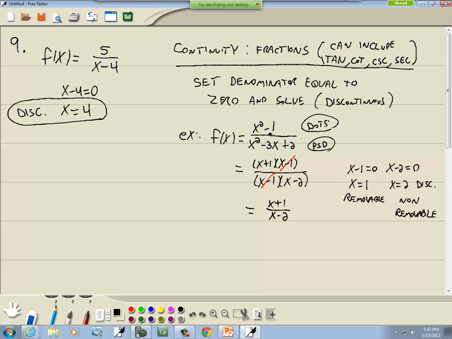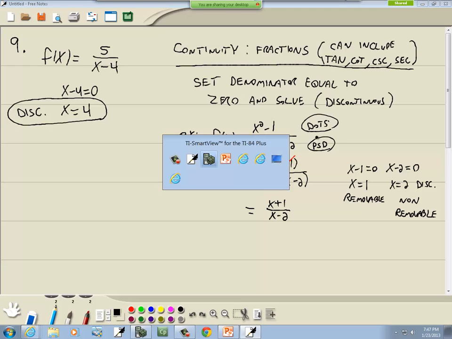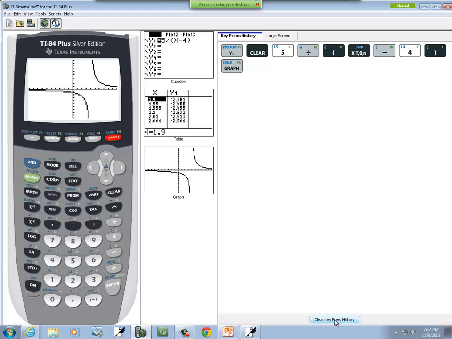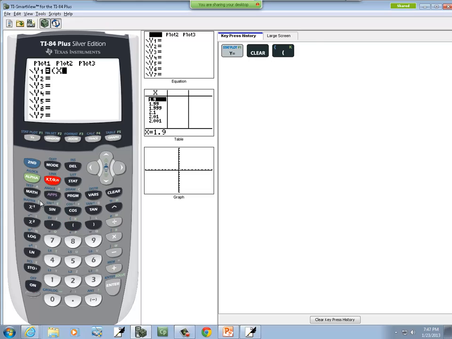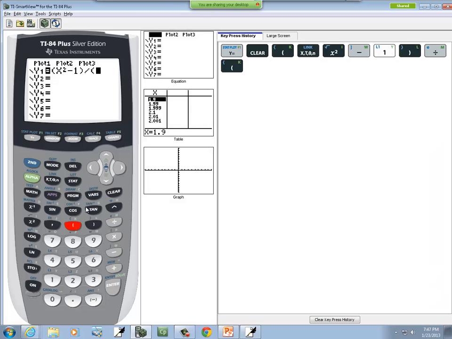Well, let's look at the graph of this, see what in the world we're talking about graph-wise. Again, we need to put parentheses around the top, parentheses around the bottom. So I'm going to come over here, press y equals, press clear. Put parentheses around the top. And we got x squared minus 1, close parentheses, divided by, beginning parentheses, x squared minus 3x plus 2, closing parentheses.